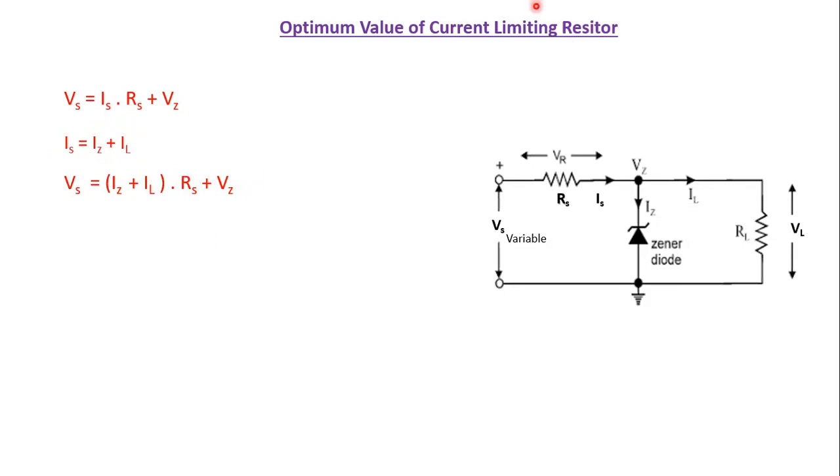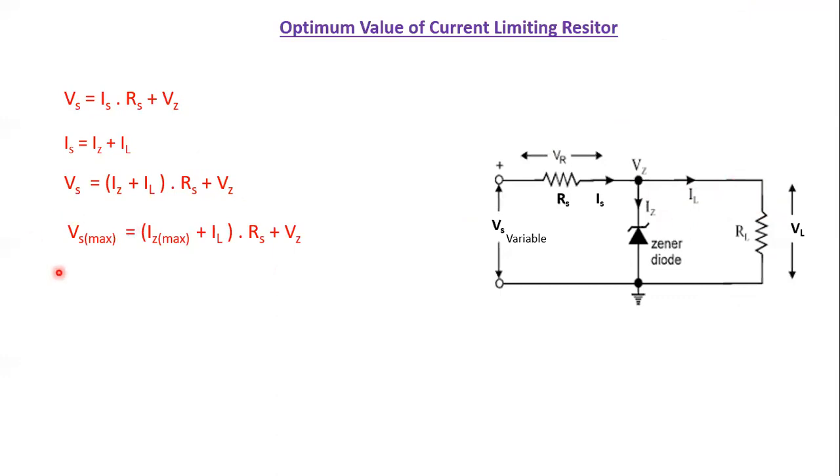Now we are going to see the case when the variable supply produces the maximum voltage. When the supply voltage is maximum, IL has to be maintained as such because the voltage across the load should remain constant, equal to Vz, and IL cannot increase.